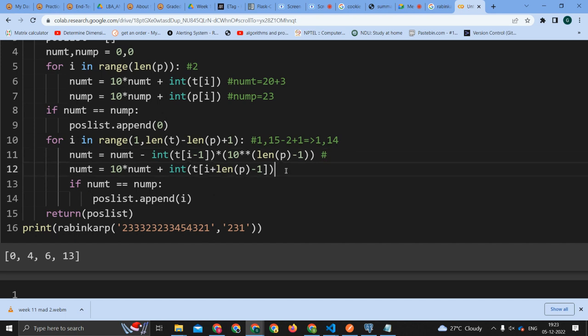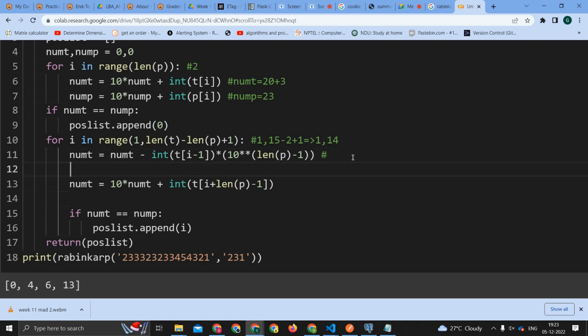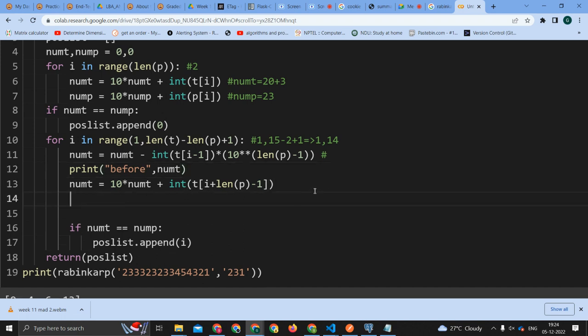My suggestion would be, why don't we print numpty? They are doing two changes, right? Both the things they are assigning to numpty. So I just want to see what both mean.